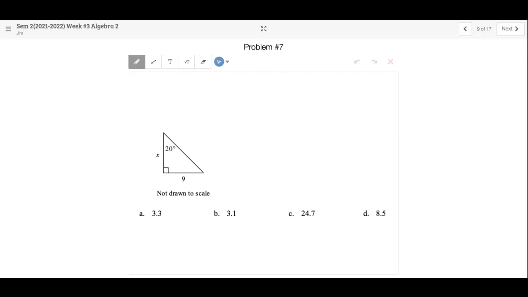Why is it tangent? Because I have 20 degrees here, so this is the opposite side and this is the adjacent side. Tangent of some angle measure is equal to the opposite side over the adjacent side.